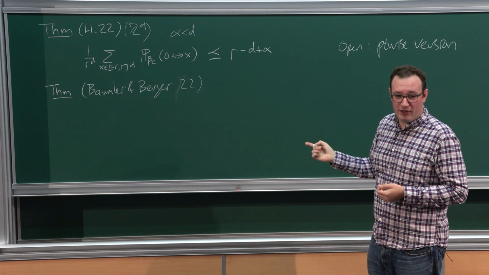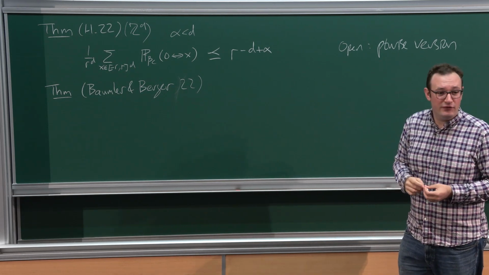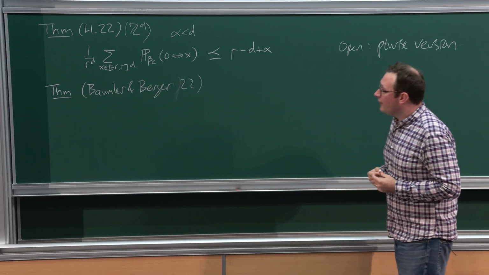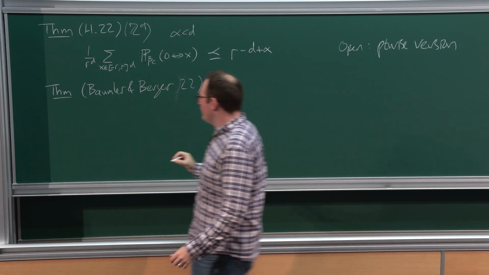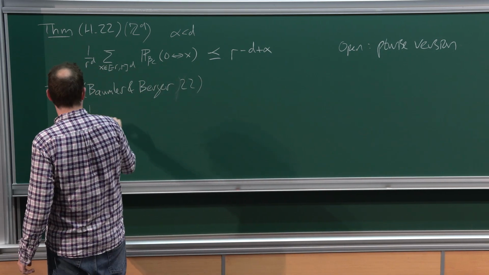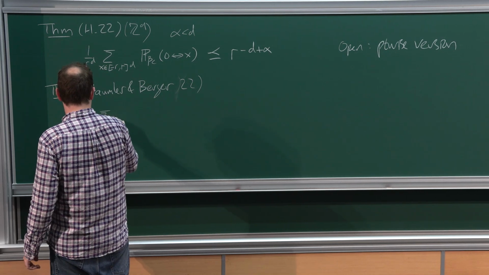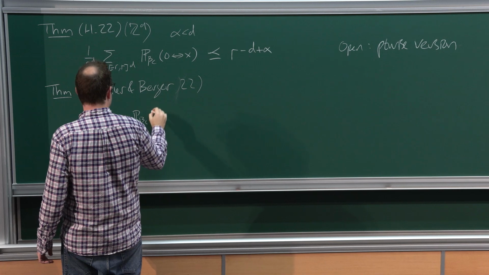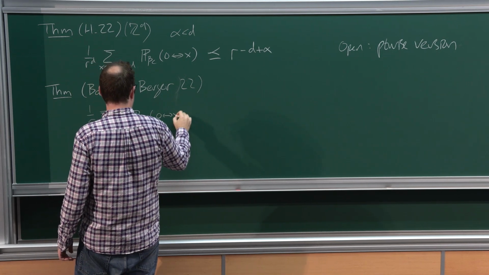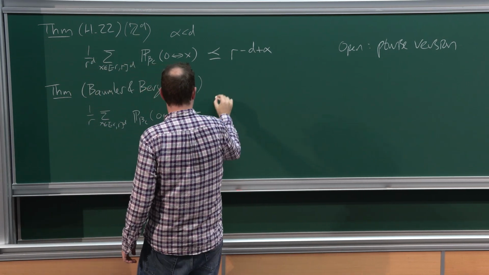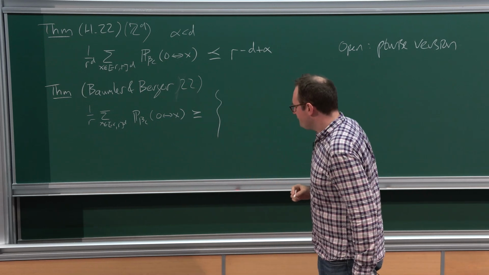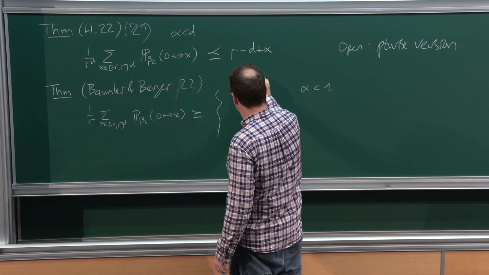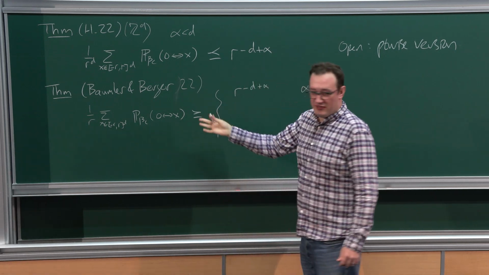Johannes Baumler and Noam Berger, so Johannes at the time was a student of Noam's in Munich, and he's now a postdoc at UCLA, showed that if you look at the same quantity, then if alpha is less than 1, you get a matching lower bound, again with some implicit constants.